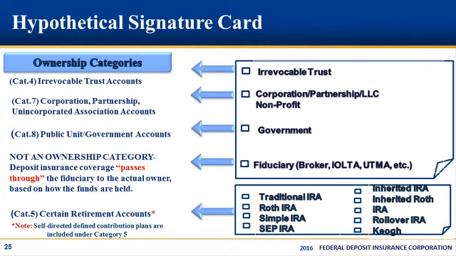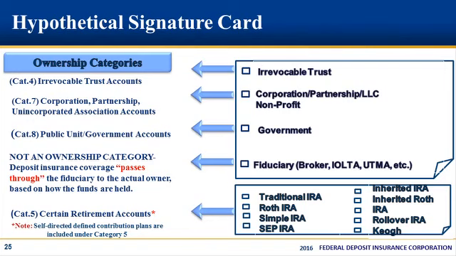Category 8 specifically pertains to accounts that are owned and meet the definition of a government entity. And lastly, Category 5 includes self-directed retirement deposits. As you can see in Category 5, this includes all types of individual retirement accounts, or IRAs.